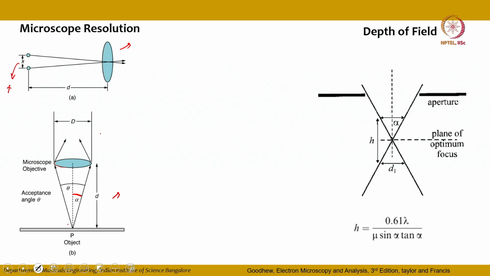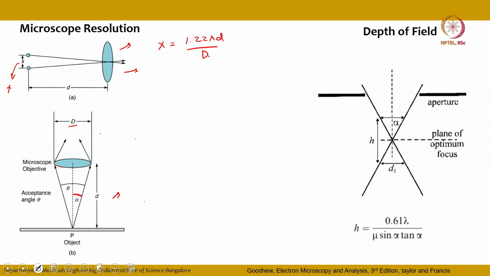Now this is your object. The distance of the object from the lens is small d. So from this geometry, we get the formula x equals 1.22 lambda D by d.